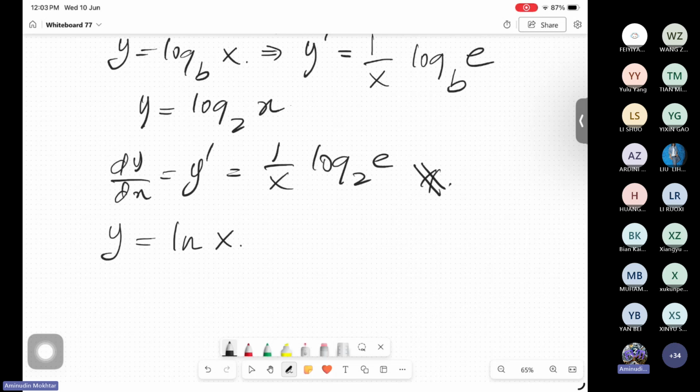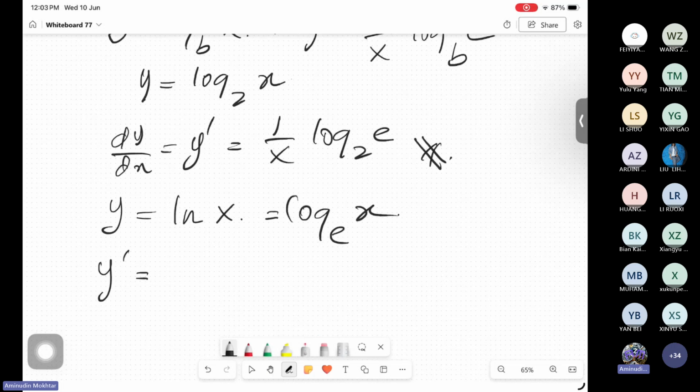Ln x stands for log with base e. So based on this formula, dy/dx equals 1 over x log e of e.